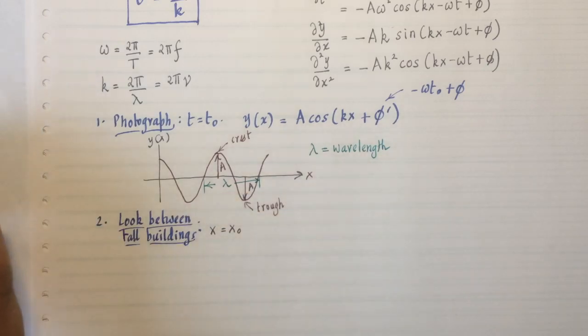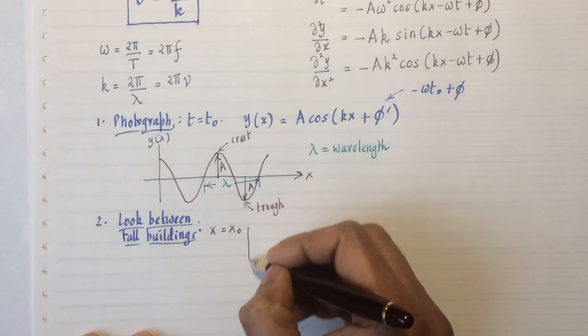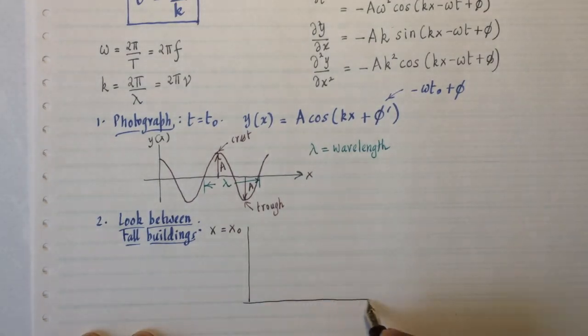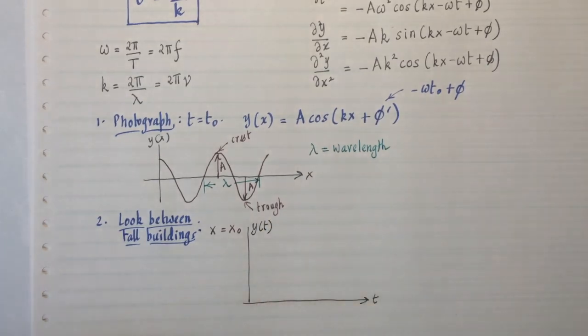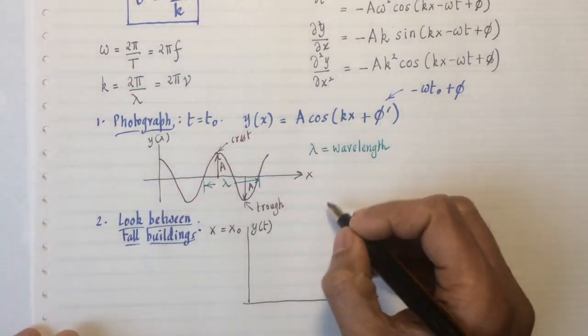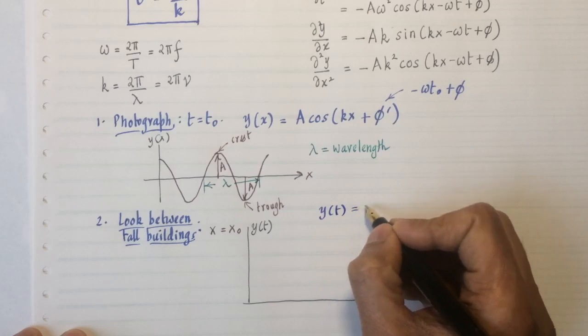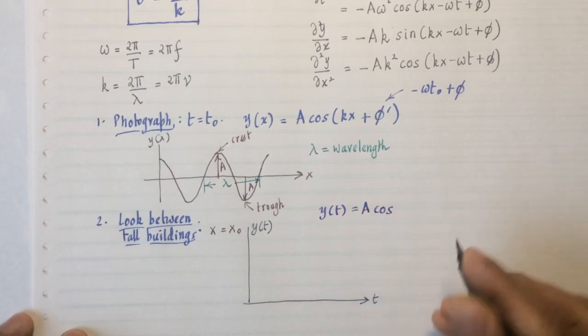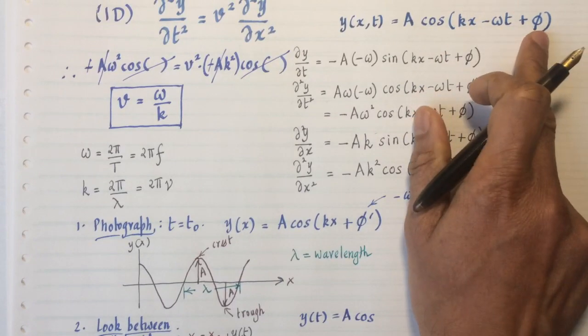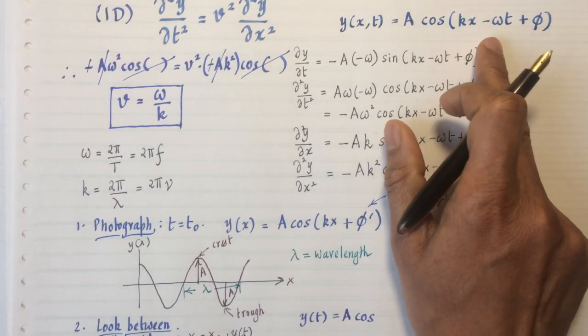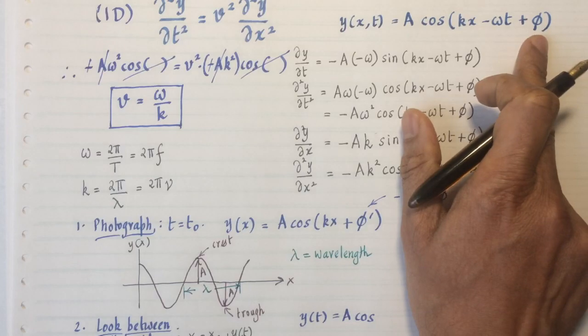So let's draw a picture of that. This is the time coordinate, and this is y now as a function of t, where y as a function of t would be a cosine. Remember, now we are freezing space, so kx naught plus phi will become something, and I'll try to keep the negative sign with that.